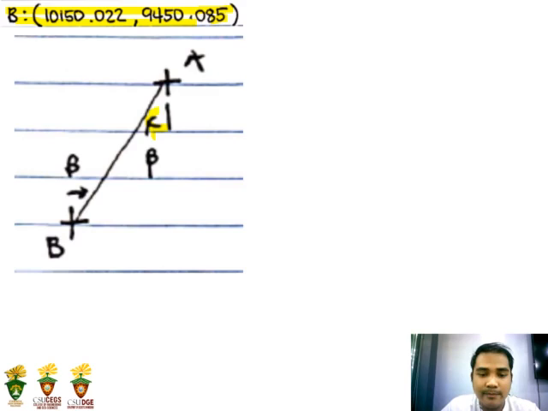Beta is also equal to this one at station B, so they are equal geometrically.